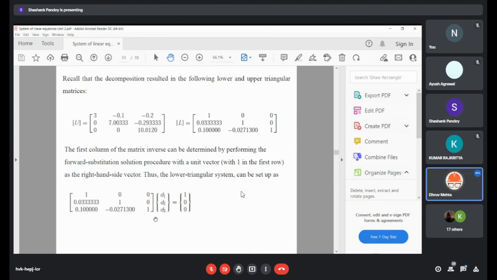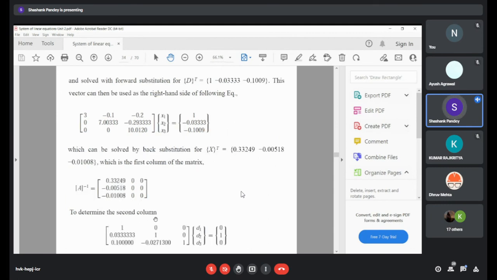Second step is that once I get the values of d1, d2 and d3, I will replace the right hand side with the obtained values of d, and calculate the values of x1, x2 and x3 from here. The obtained values of x1, x2 and x3 are nothing but the first column of the inverse of matrix A.